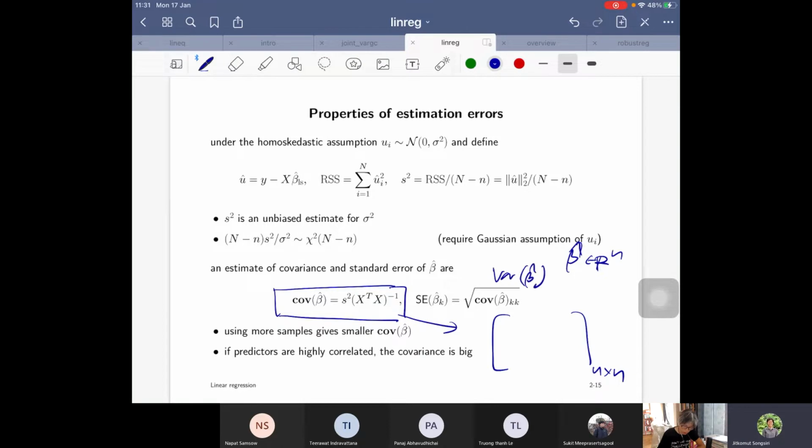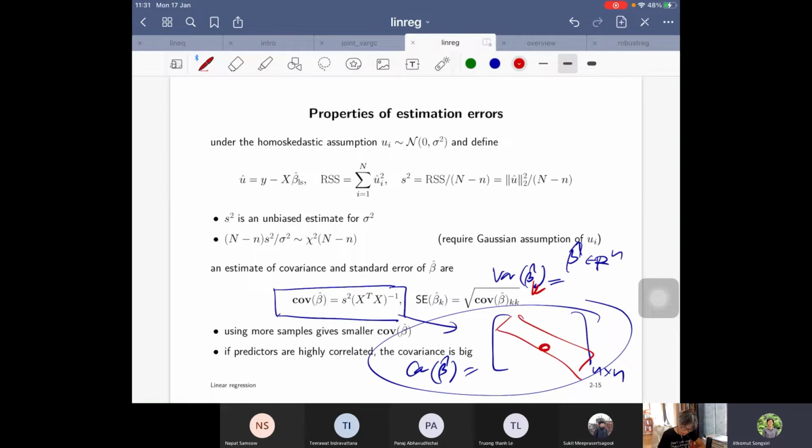Sukrit, if we want to get the variance of beta hat, what components of the covariance matrix do we look for? This is the covariance matrix. If we want to find the variance of beta k hat, how can we get it from the covariance matrix? At the diagonal, right?